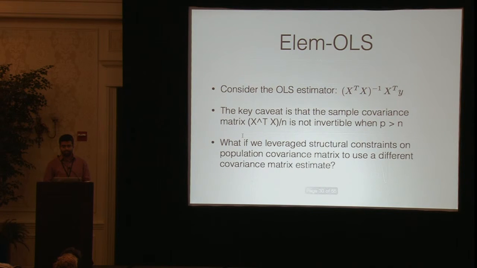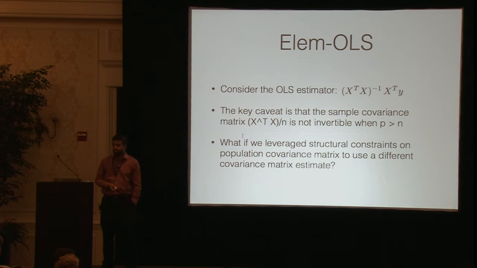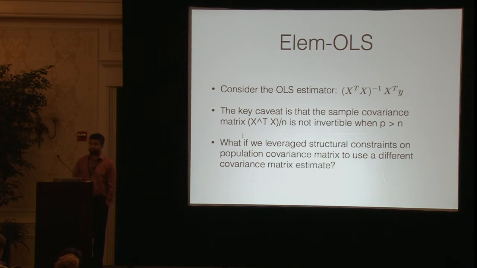Okay? So let's see how I'm going to do that for the very simple case of linear regression. Let's revisit our classical, well-known OLS estimator, which is solving this linear system, X transpose X and X transpose y. So what is the problem with this? The coefficient matrix of the linear system is the sample covariance matrix, X transpose X by n, and this is rank deficient.